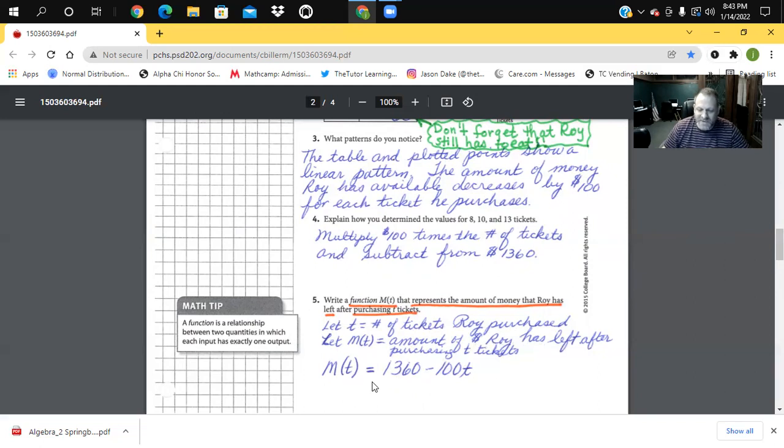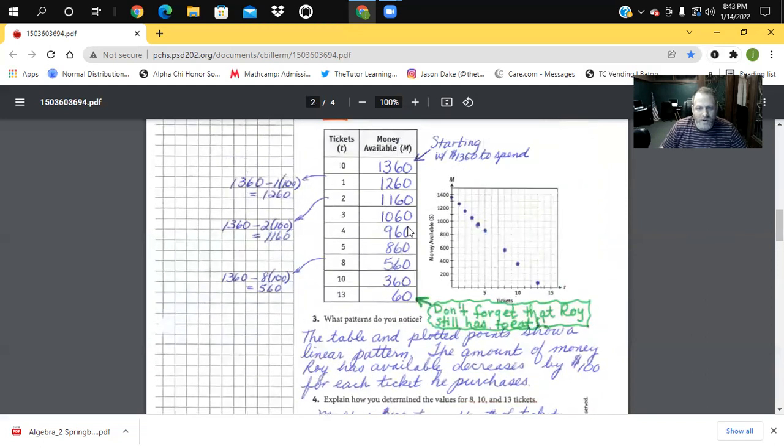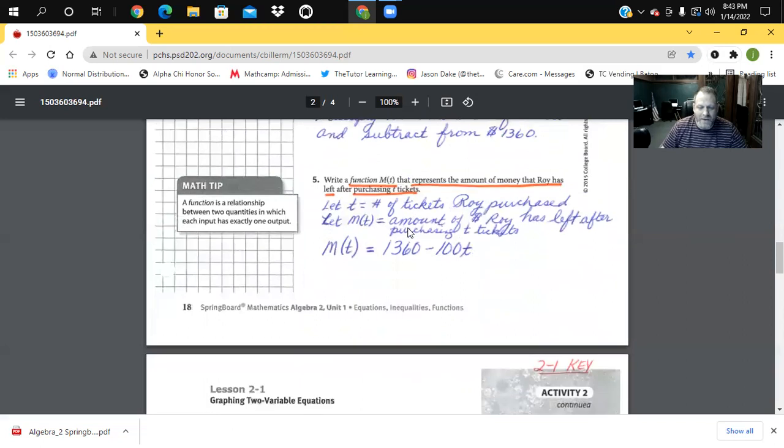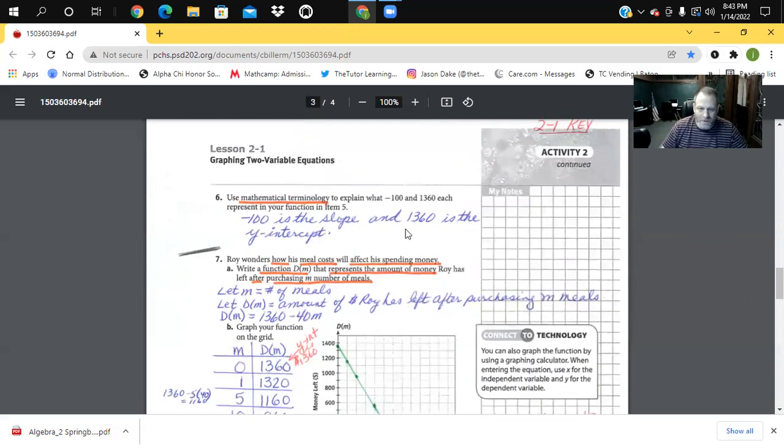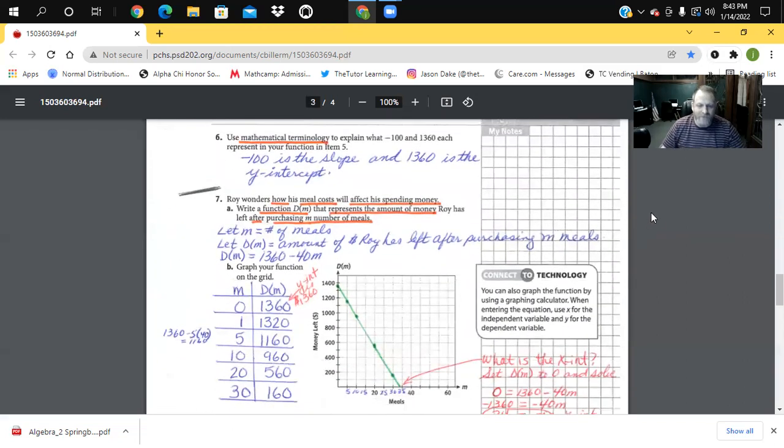So M(t) equals 1360 minus 100t. Write all of this down, homeschoolers, on number 5. So 2, 3, 4, and 5, write every single thing down here. Pause the video if you have to.